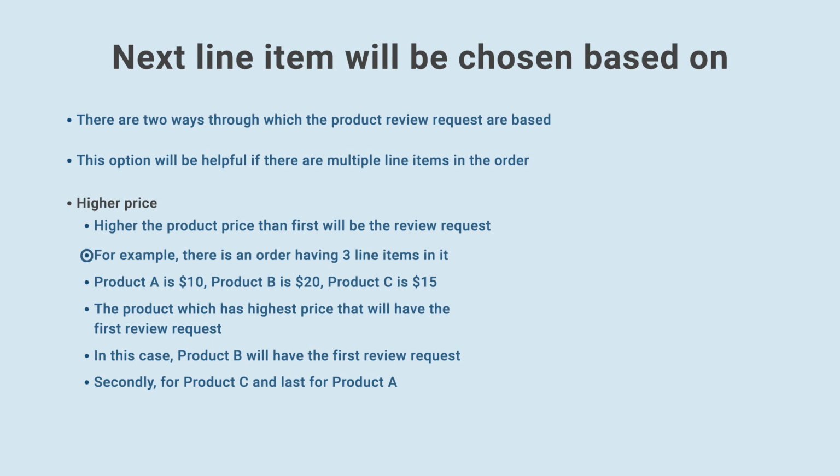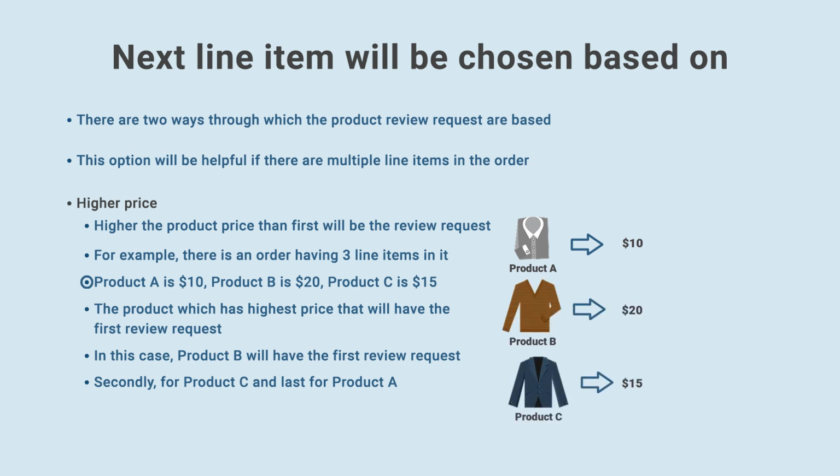For example, there is an order having 3 line items in it. Product A is $10, product B is $20, product C is $15. The product which has the highest price will have the first review request. In this case, product B will have the first review request. Secondly, product C, and last product A.